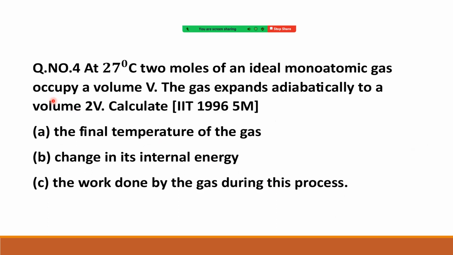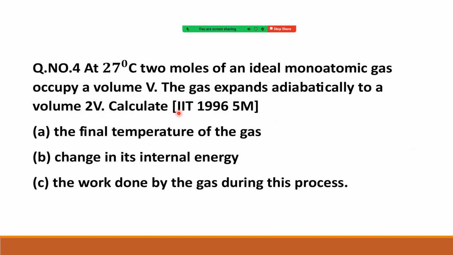Right, see the question. At 27 degrees centigrade, 2 moles of an ideal monatomic gas occupied a volume V. Given temperature and volume, the gas expands adiabatically to a volume 2V. Calculate.